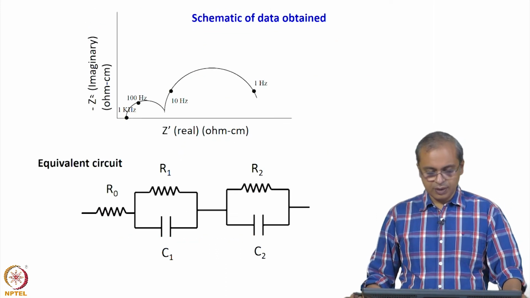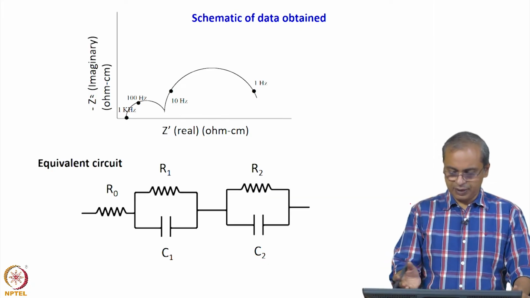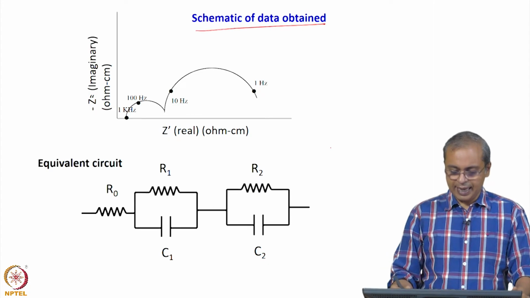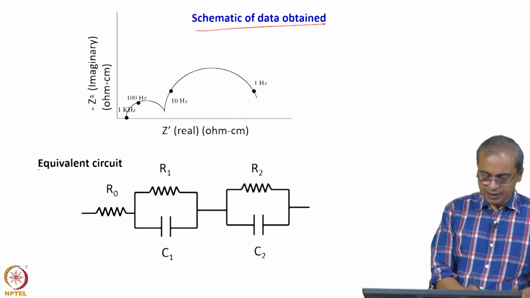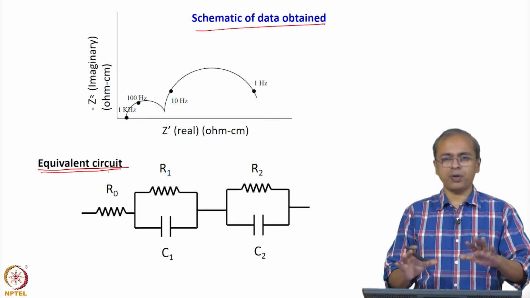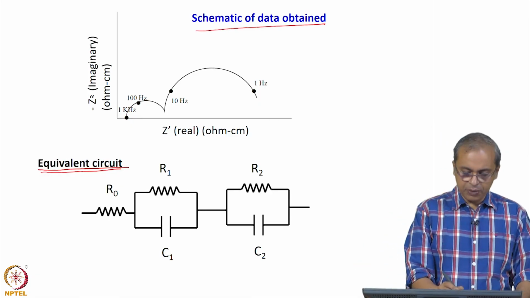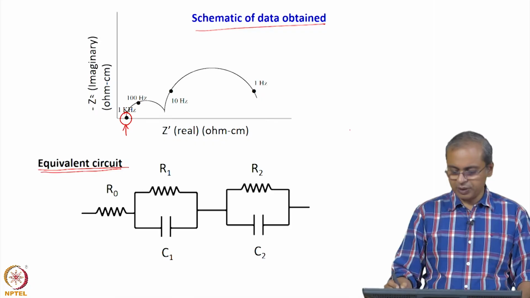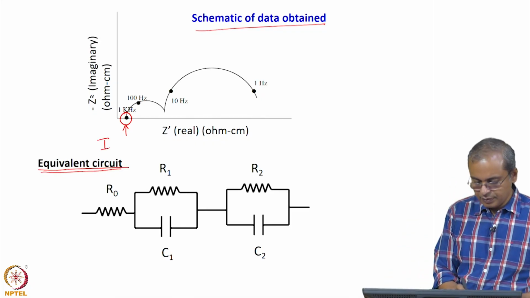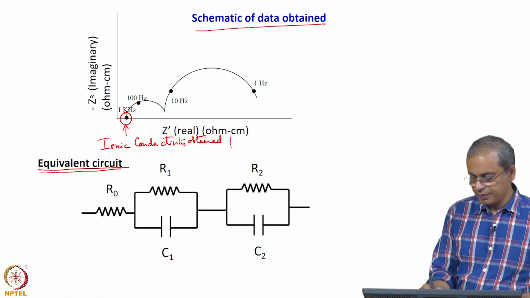To do this you will have to get some data out of it, a schematic of which is shown here, and this data we would have to fit to an equivalent circuit, and some equivalent circuit you have to select. So, there is a data analysis process involved. You do not directly just fix a value to it, but particularly you will get one intercept here. That intercept is your ionic conductivity, obtained from this intercept.